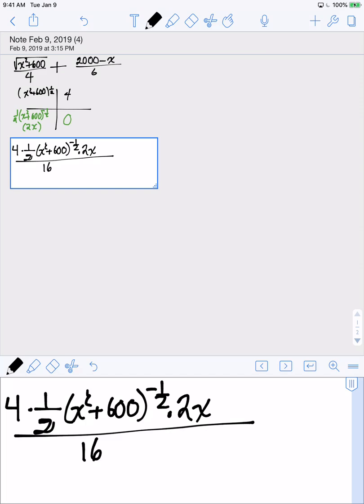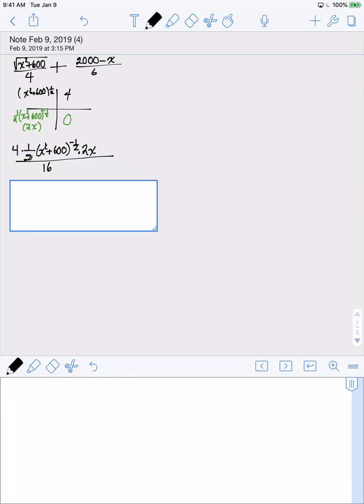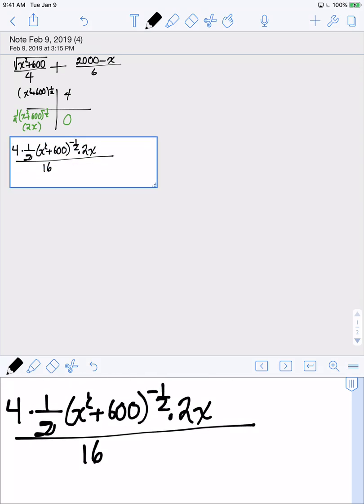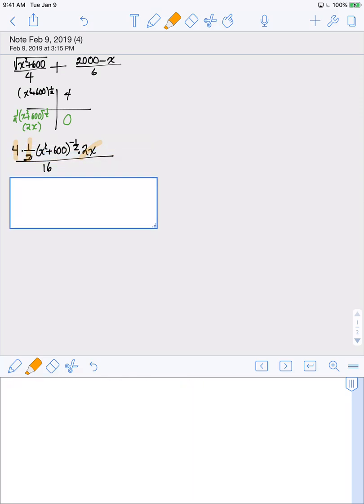All right, let's clean this up a little bit. So the numerator, we have here 4 times 1/2 times 2x. So 4 times 1/2, that's just 2, and 2 times 2x, that's just 4x.